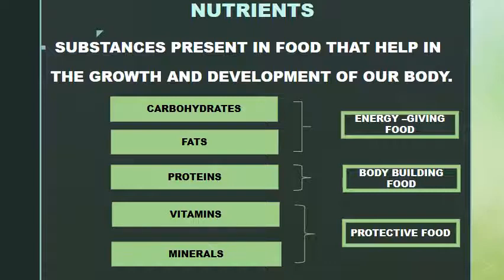Thus, foods containing carbohydrates and fats are called energy giving foods. Proteins are needed for growth and repair of the body. Thus, foods containing proteins are called bodybuilding foods. Similarly, foods containing vitamins and minerals are called protective foods, as vitamins and minerals protect us from diseases.